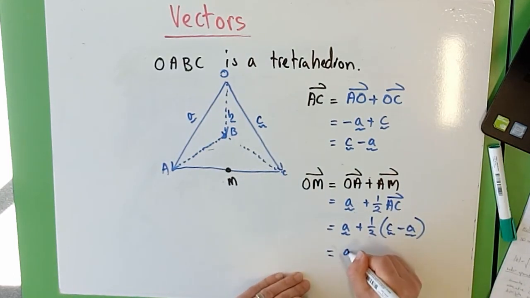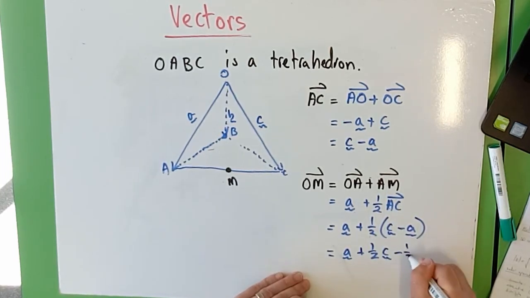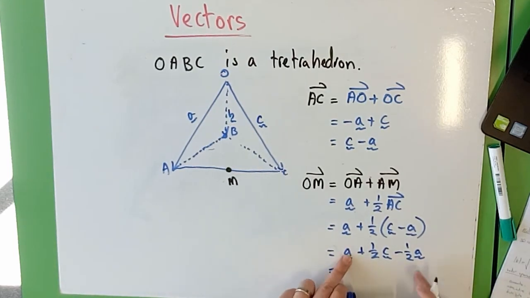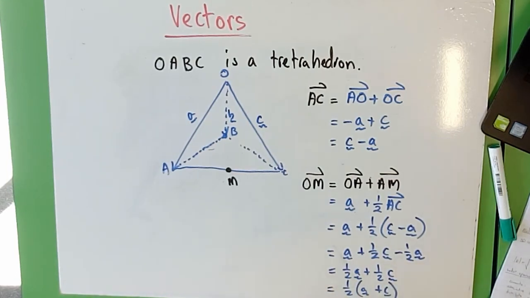Plus half, expand it, distribute, minus half a. Add up like terms, I've got a minus half a, that's just half a, and then plus half c. And then I can just write it as half of (a plus c). Perfect. That's lovely.